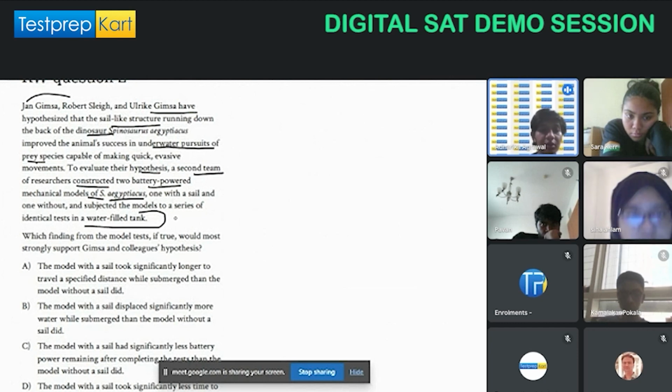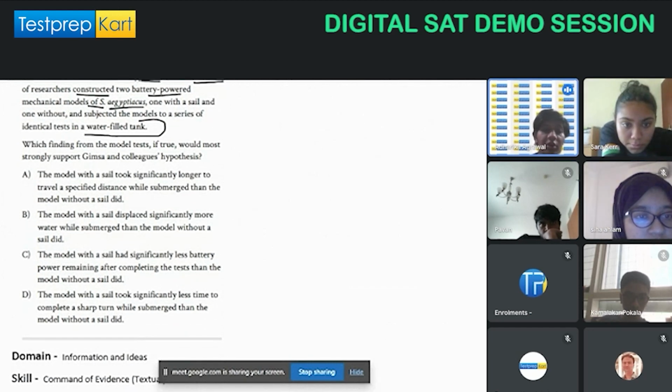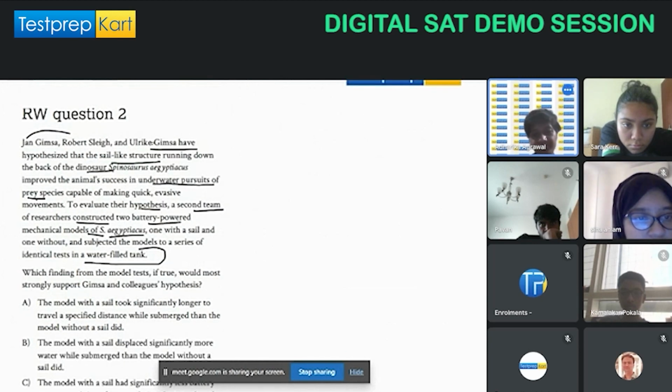Okay, now which finding from the model test, if true, would most strongly support this? The model with a sail took significantly less time to complete a sharp turn, while... Okay, what did you understand from the passage, all of you, one by one?